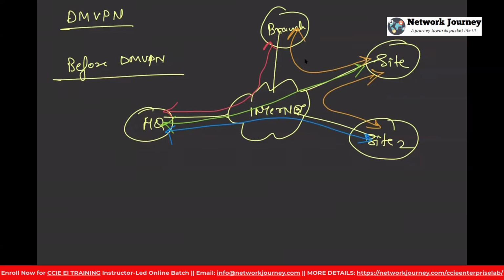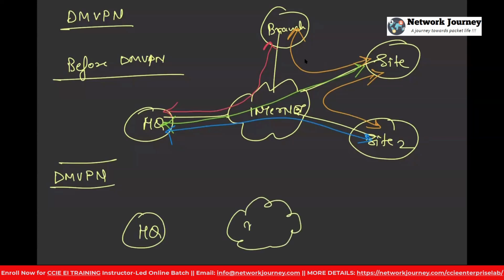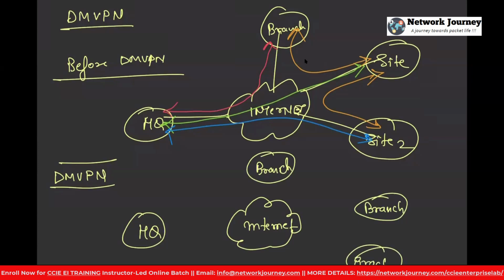Now what is going to happen in DMVPN is, in 2000 Cisco introduced DMVPN. It is again going to be used to connect your headquarters with the branches, but now they introduced more protocols into it so that it is simplified and dynamic.